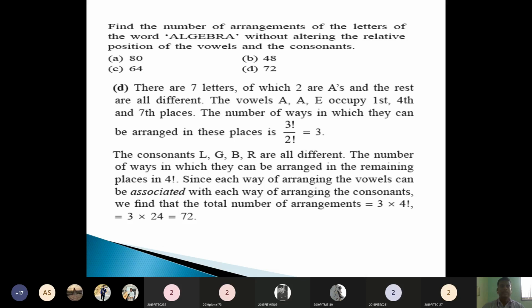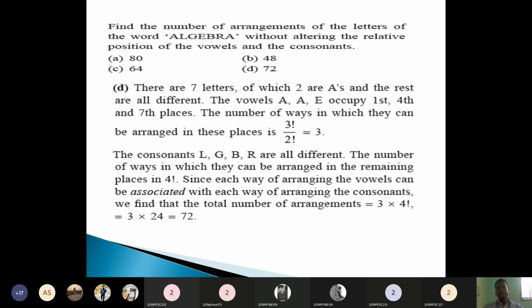There are 7 letters, of which 2 are A's and the rest are distinct. 3 vowels are there, occupying the first, fourth and seventh places, by any of these 3 letters.